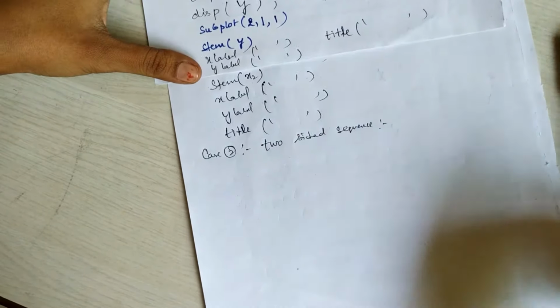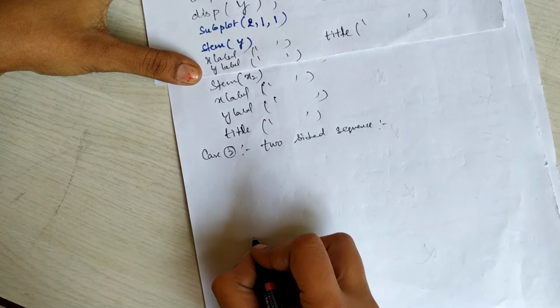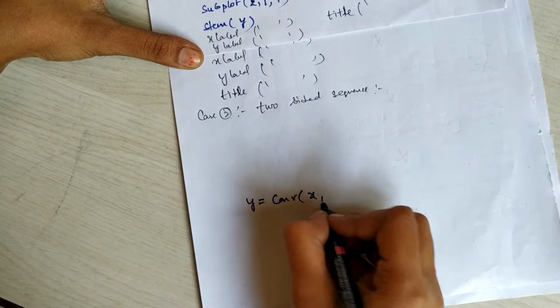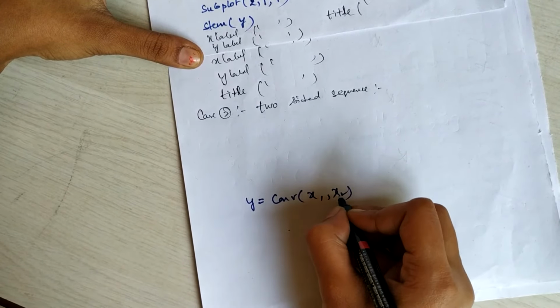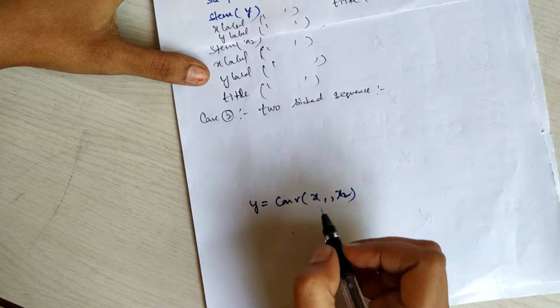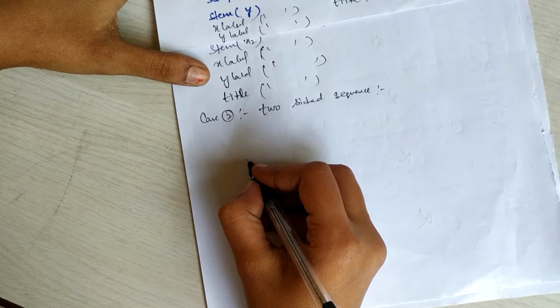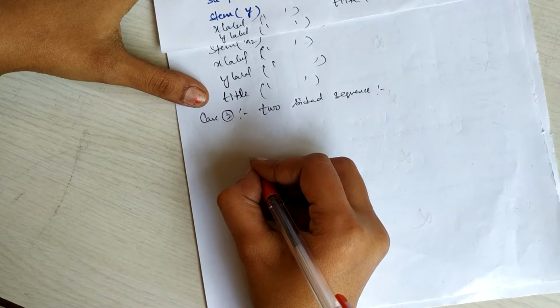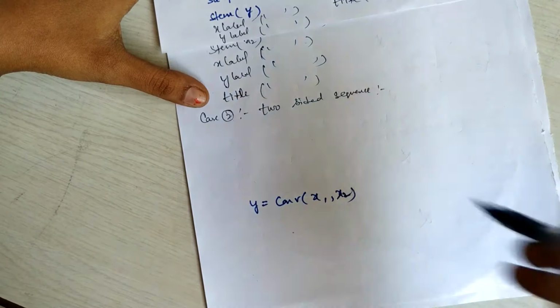Rewrite the function y is equal to convolution of x1 comma x2. Before I write that, we need to take up the initialization, that is y begin and y end. So how to write that?